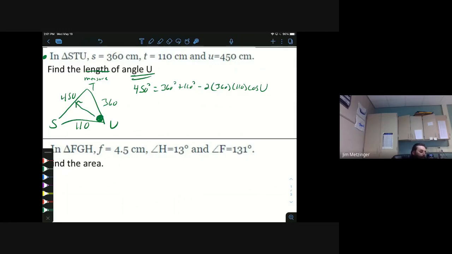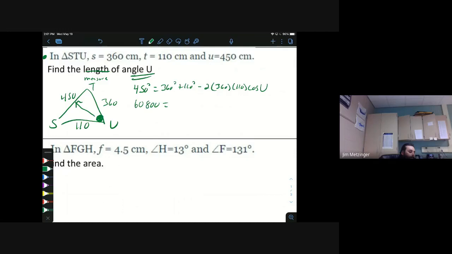I would do 450 squared minus 360 squared minus 110 squared and press enter on my calculator. That gives you this number, equal to, and I'm going to multiply those other three numbers together.